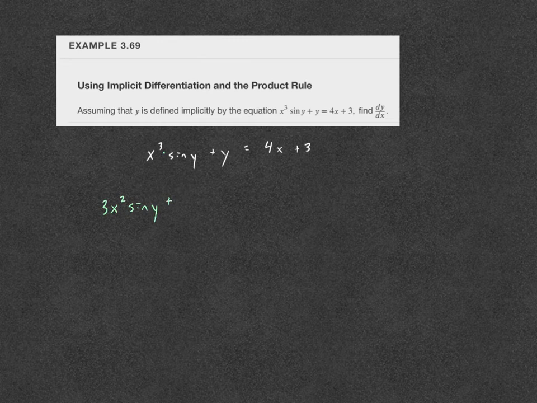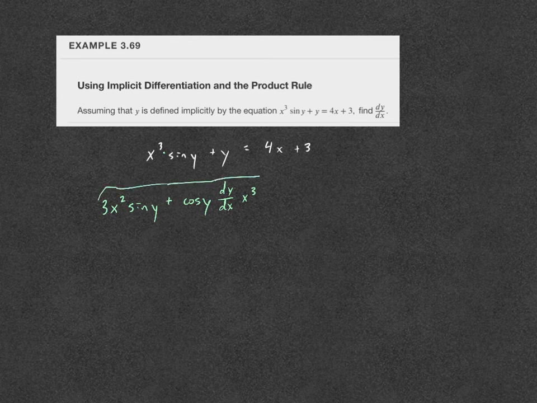Plus the derivative of sine y is cosine y, and then dy over dx because I'm differentiating a y term, and that gets multiplied by x cubed. f prime g plus g prime f. All of that in green is the derivative of that product, x cubed sine y.